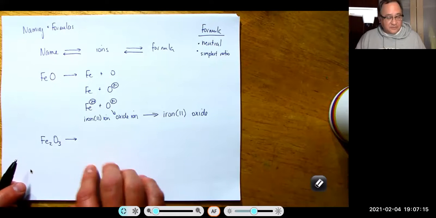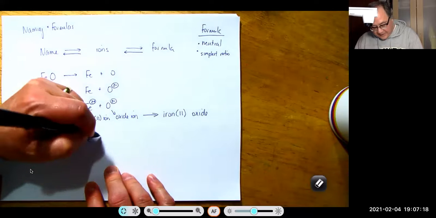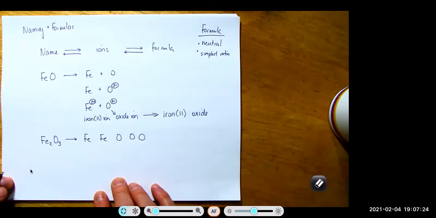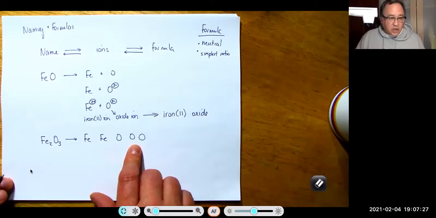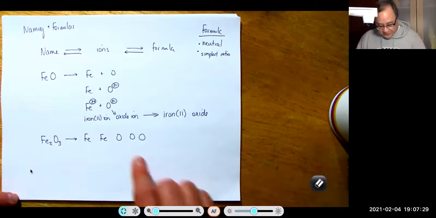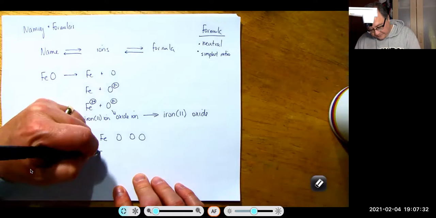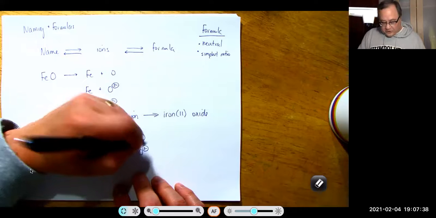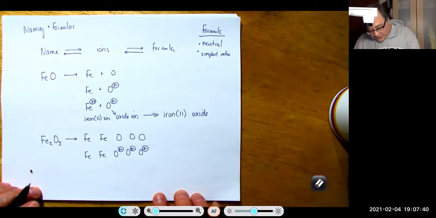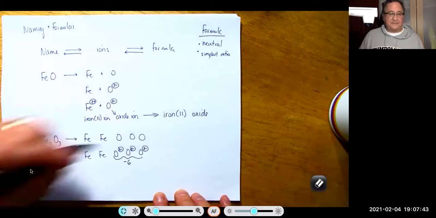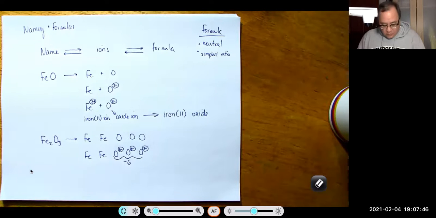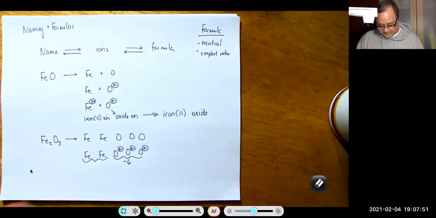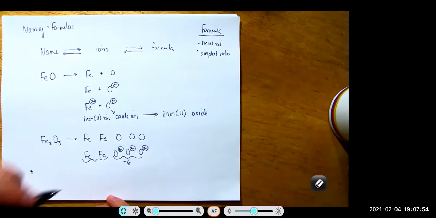Okay, so what are we going to do here? Fe, Fe, O, O, O. Which ones of these should we know the charge on automatically? The oxygens. So those are the oxygens. And can you see that the total charge is -6? What does the total charge on the 2 irons have to be to make it neutral? +6.